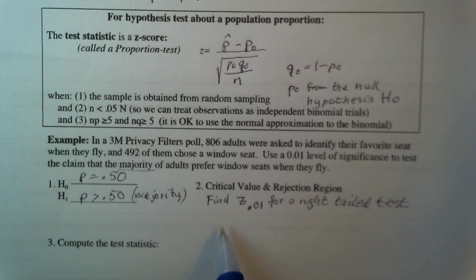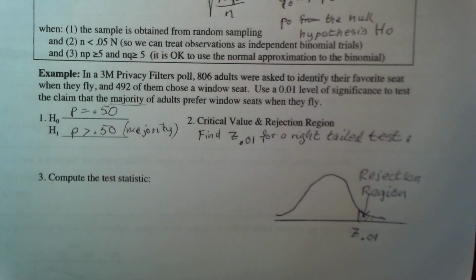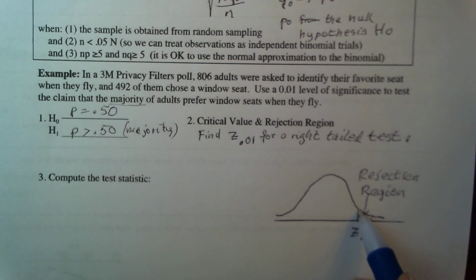So we need to find the z sub 0.01 value for a right-tailed test. So let's draw out the distribution and the rejection region. So here's our distribution, and here's z sub 0.01, and here's our rejection region.